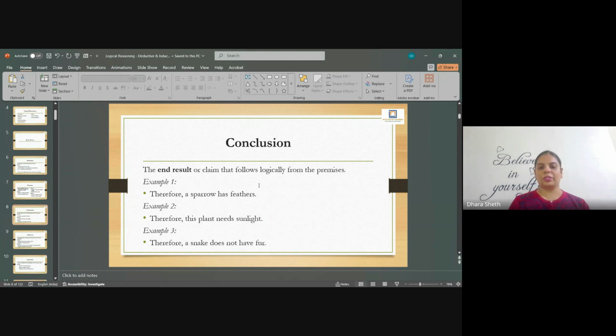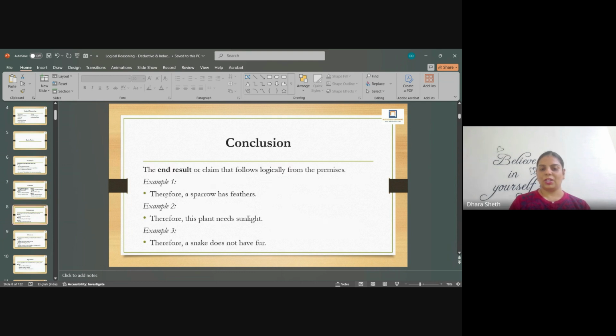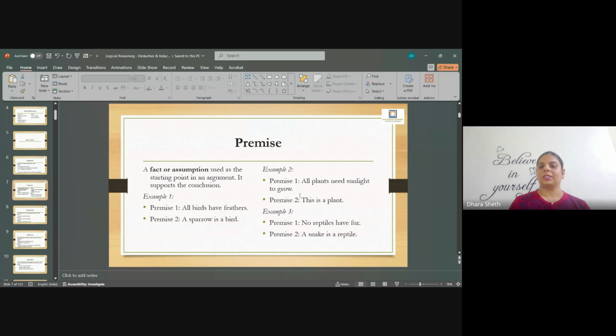What is the conclusion? The end result or claim that follows logically from the premises. Premise 1 is all birds have feathers. Premise 2, a sparrow is a bird. So the conclusion is, therefore, a sparrow has feathers. Same for the second example. All plants need sunlight to grow.